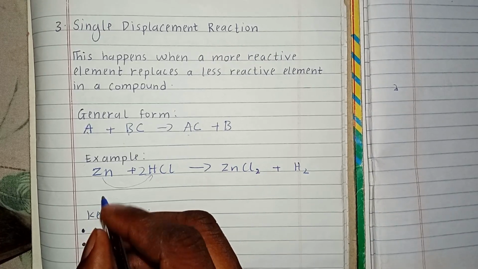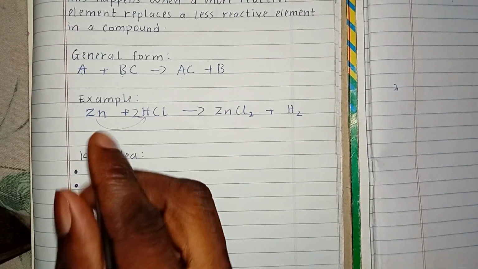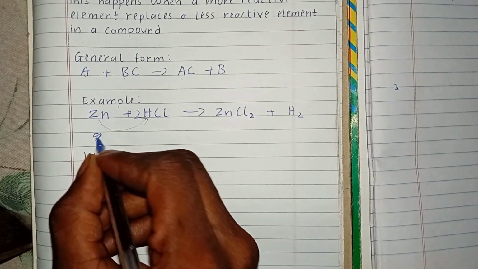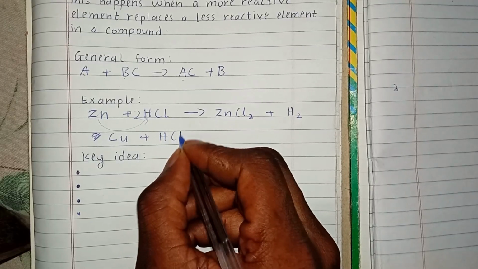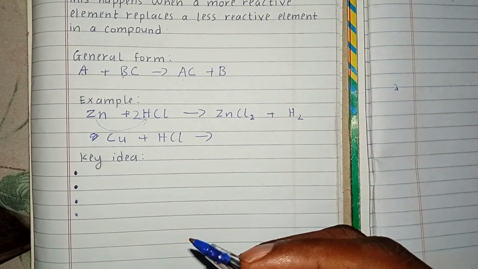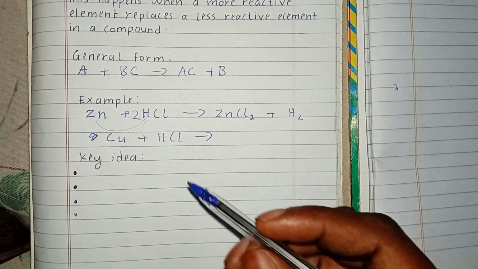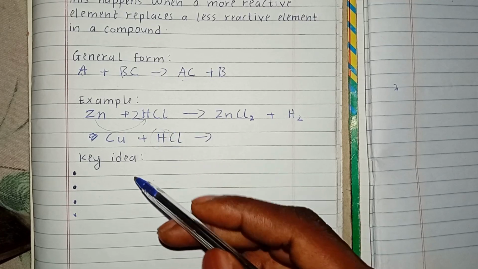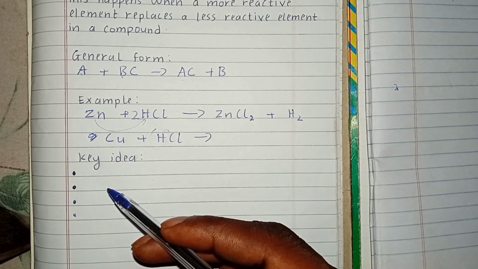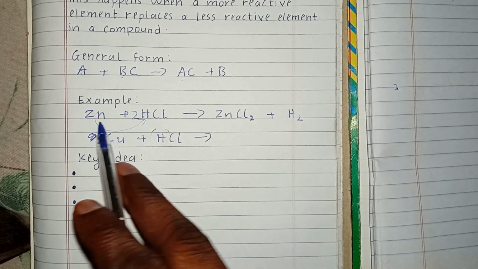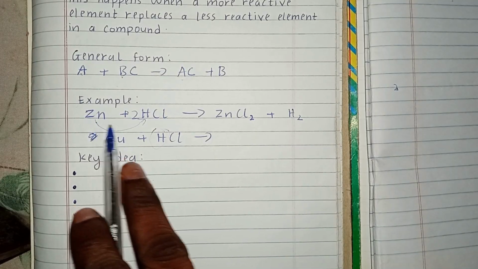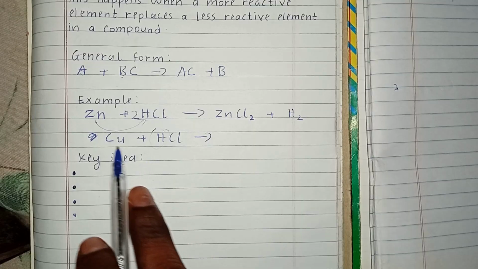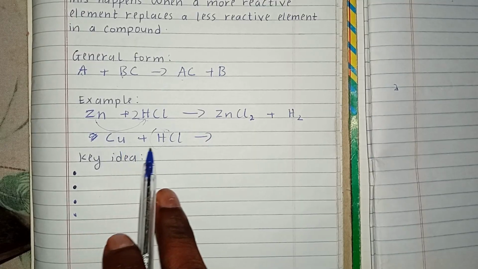But if this reaction was between copper and HCl, from the reactivity series, hydrogen is more reactive than copper, because zinc here is very strong, it can beat hydrogen, but copper here can't beat hydrogen.